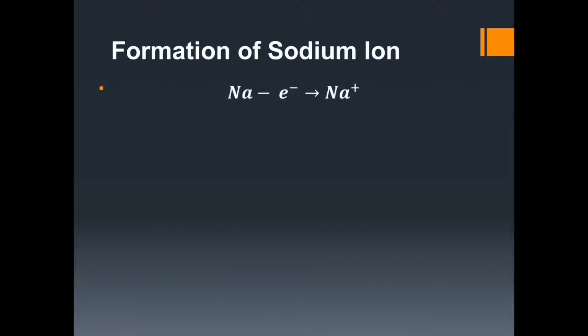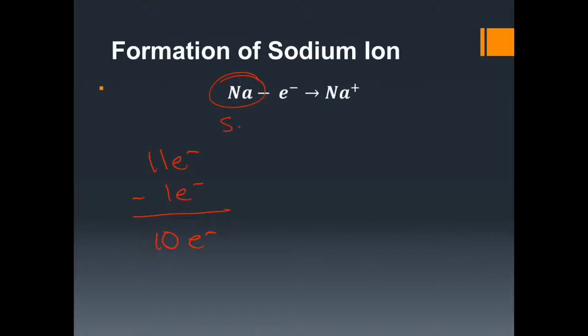So the formation of a sodium ion. This is something that we have talked about. Sodium loses 1 electron and becomes a sodium +1. So we're going to write this as: sodium starts off with, well, its atomic number is 11, so it has 11 electrons. It's going to lose 1 electron, which then means it has 10 electrons.